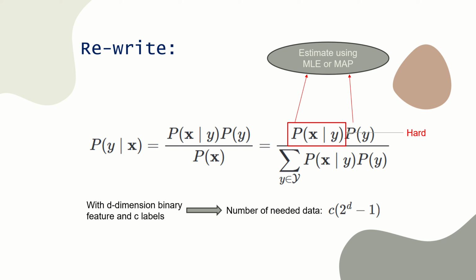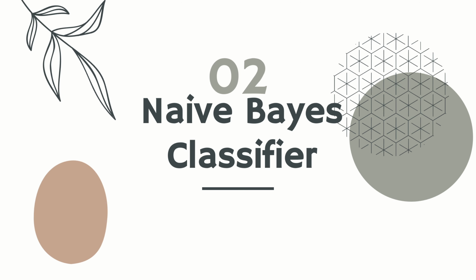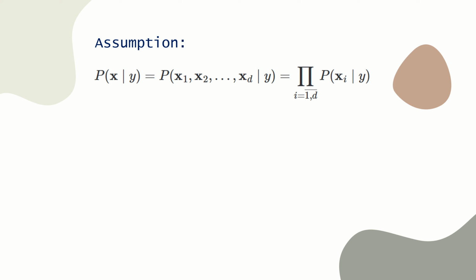In order to fix it, in order to get through this difficulty, we have the naive Bayes classifier. What is naive Bayes classifier? First, we have to make an assumption.